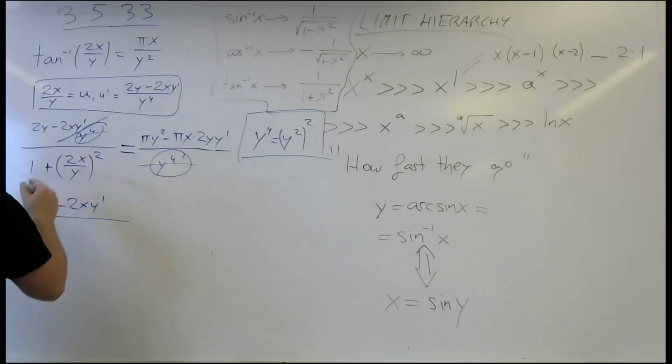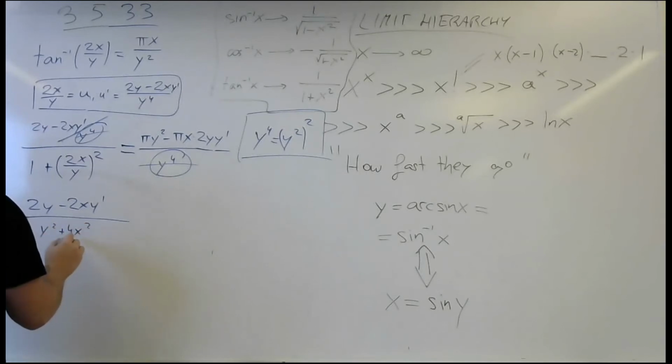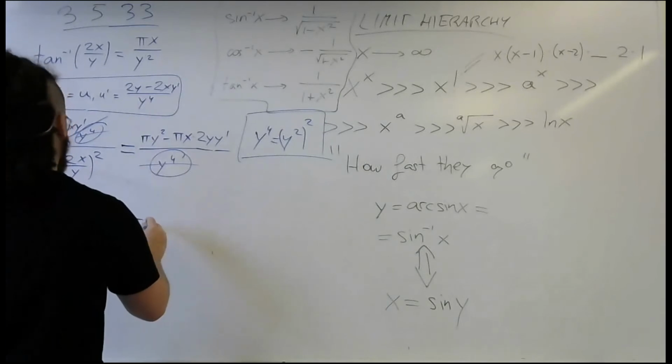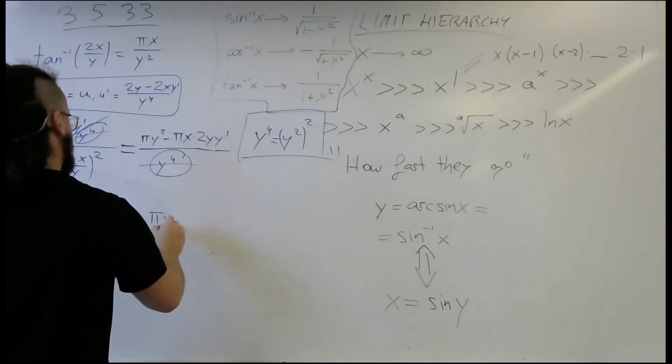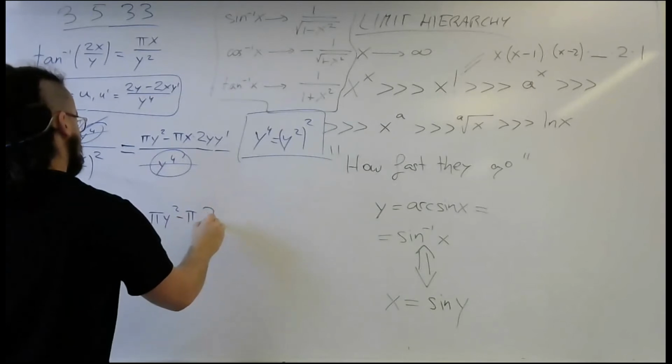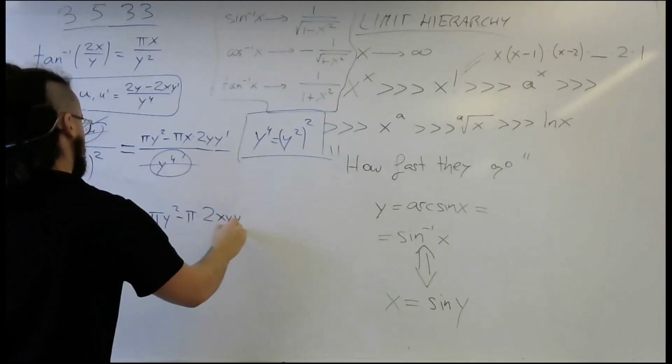And here I'm going to unravel this already. And we have y squared plus 4x squared divided by y squared. And here we have pi y squared minus pi times 2x y prime.